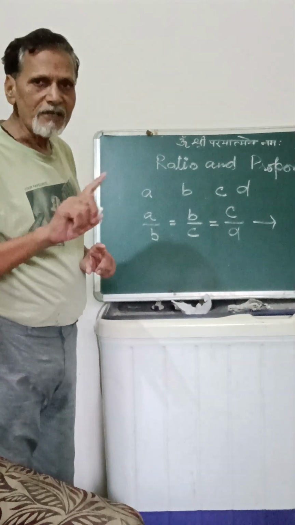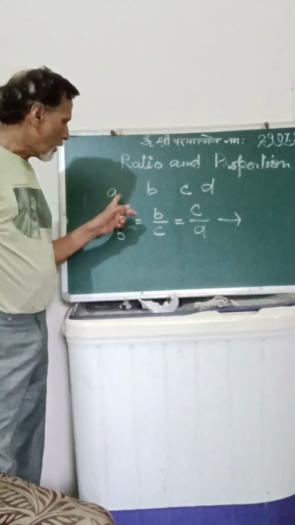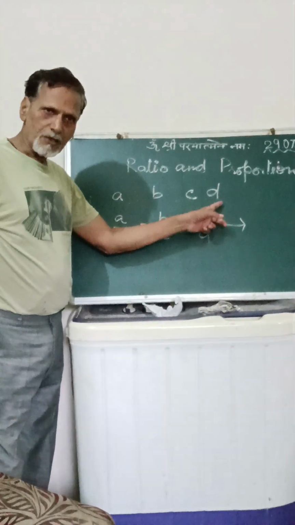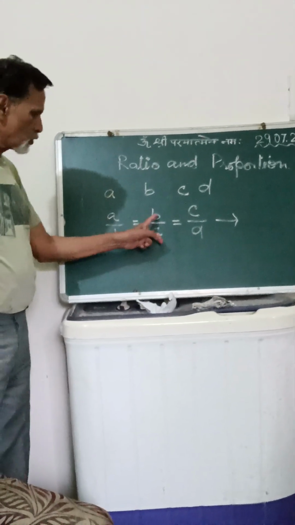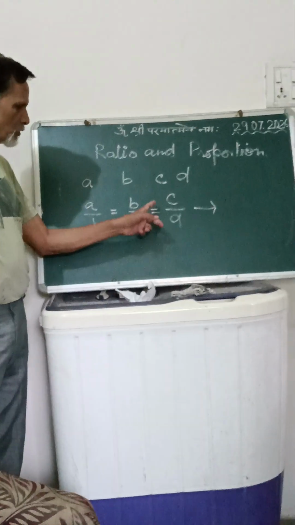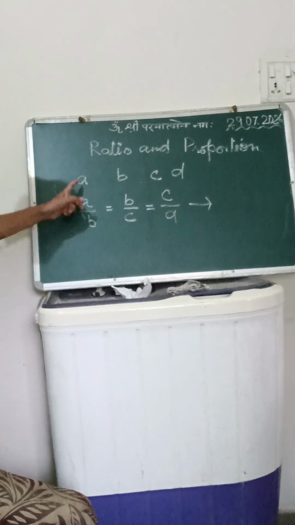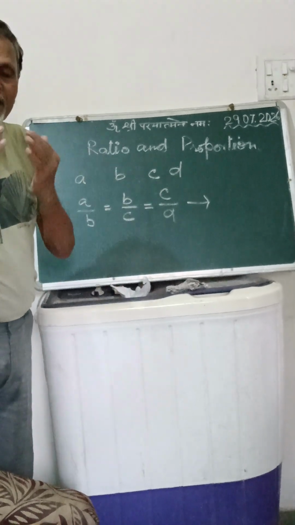Otherwise, not. See once more: out of 4, A, B, C, D, if A by B is equal to B by C is equal to C by D, then you will say that A, B, C, D are in continued proportion.